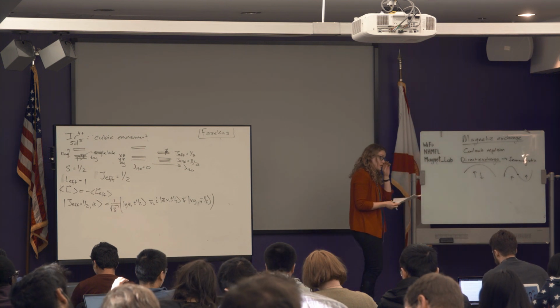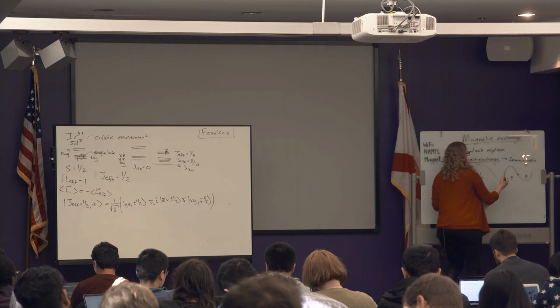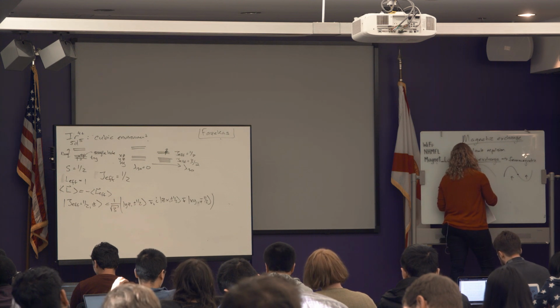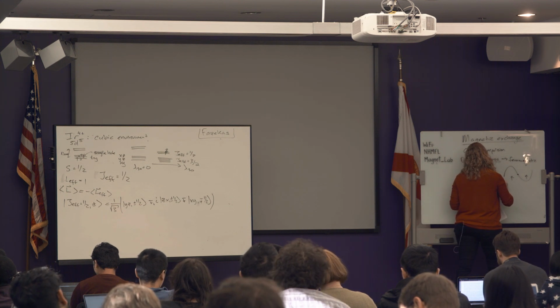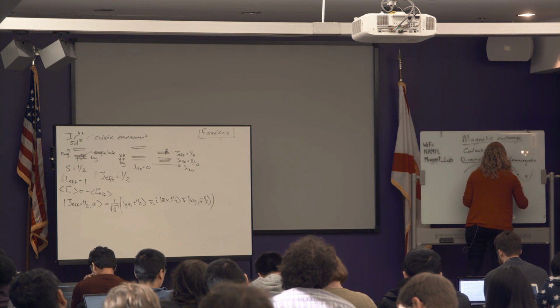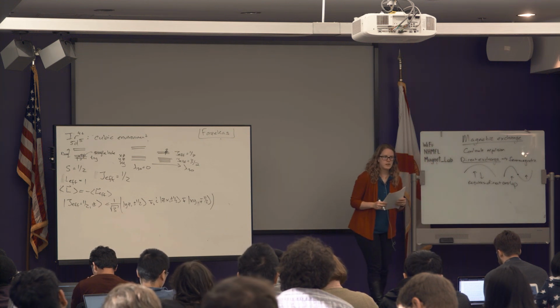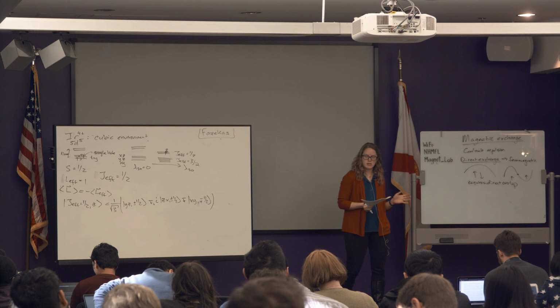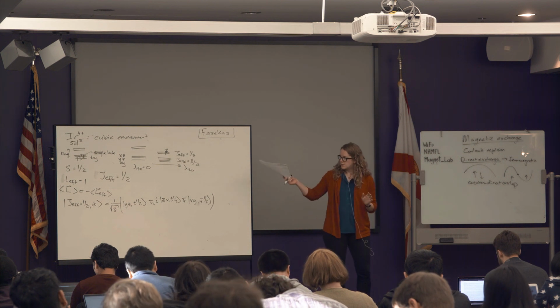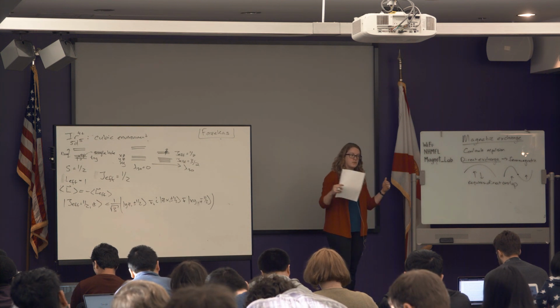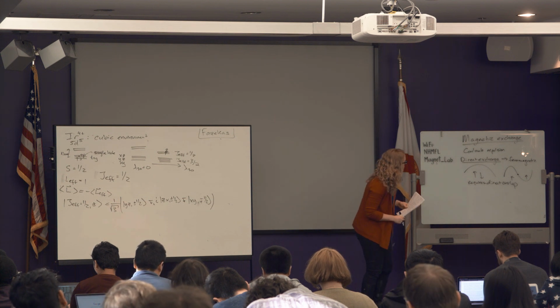Okay. This does require direct overlap. And so in a lot of 3D transition metals, you don't have any direct exchange. In some of the 5D transition metals, you will have direct overlap, and then you have to consider this.